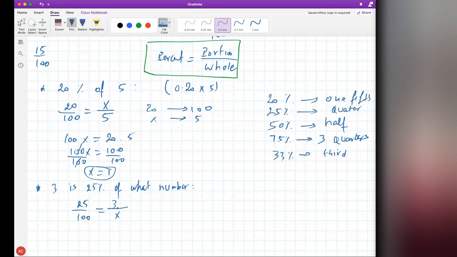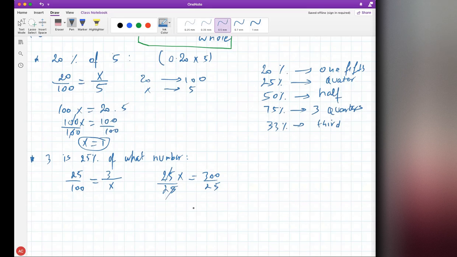Notice here that we put the x here because this is a straightforward question, 20% of 5. But if you're going backwards, 3 is 25% of one number. That's how you know you're missing the whole. And again, cross multiply: 25 times x, 3 times 100 is 300, and divide by 25.